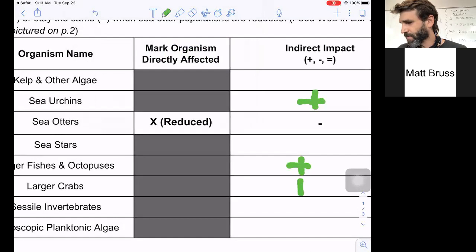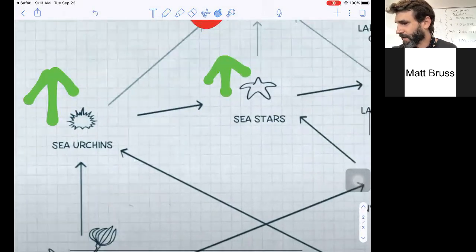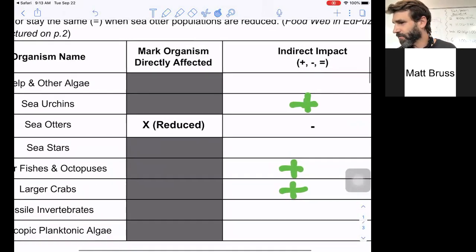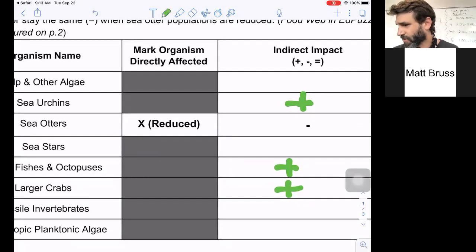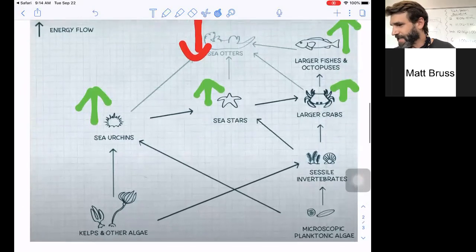Large crabs would go up because those are the things that are eaten by sea otters. And I think sea stars too, but I can't remember exactly. Let's see here. Oh yeah, and sea stars would also go up. Sea stars are also going to go up, okay? So now, because those are all the things that get eaten by sea otters.